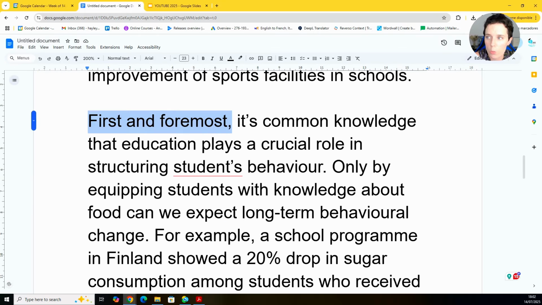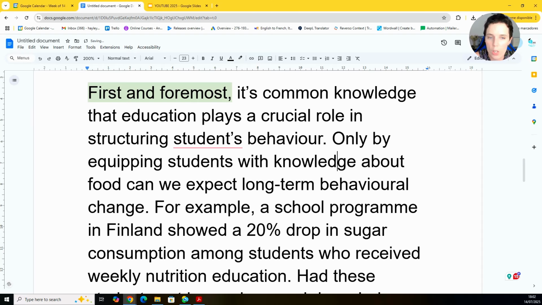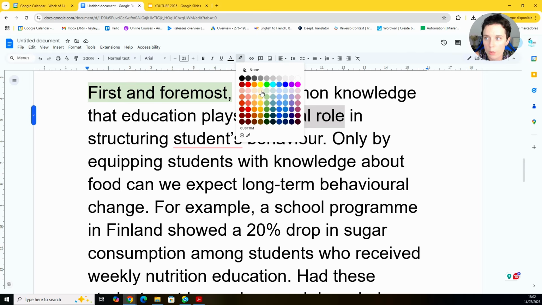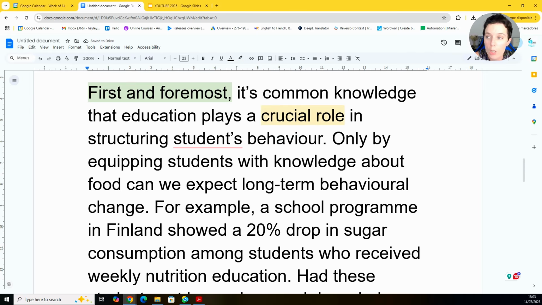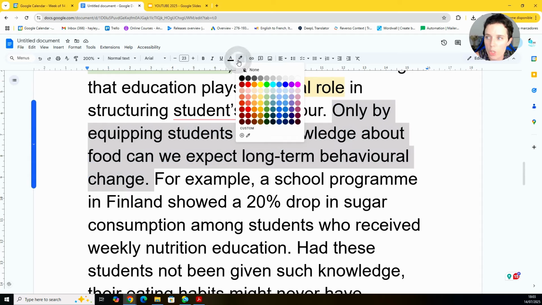First and foremost, linking word. It's common knowledge that education plays a crucial role, good collocation, in structuring students' behaviour. Only by equipping students with knowledge about food can we expect long-term behavioural change.